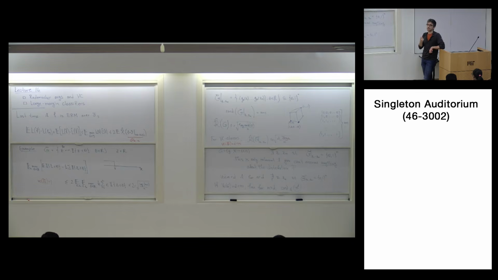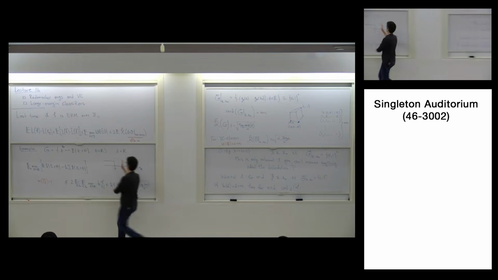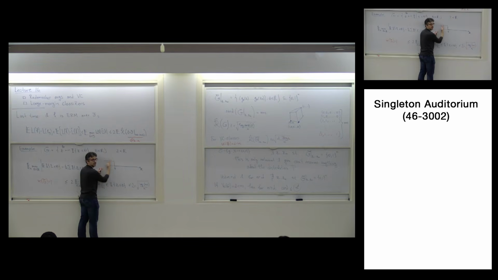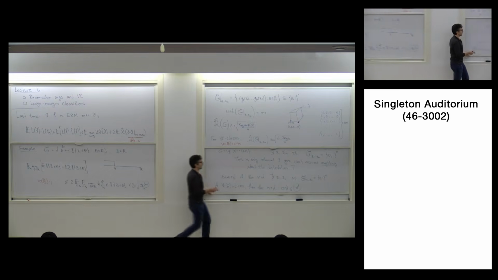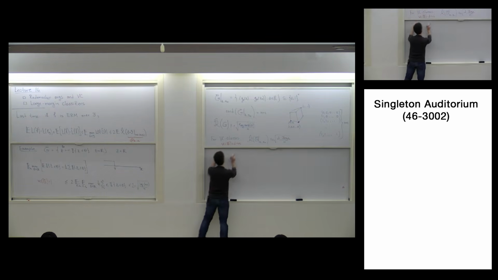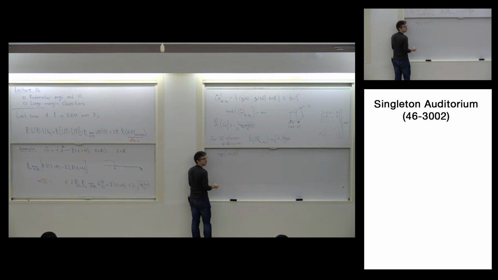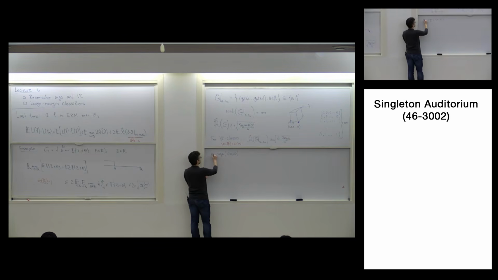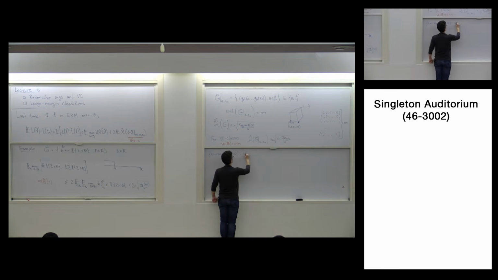For hyperplanes in d dimensions, this was a one-dimensional hyperplane. Think of this as a non-homogeneous hyperplane in one dimension. The analogous result: if you take sign of w times x, this is a function, and now you vary w in R^d.